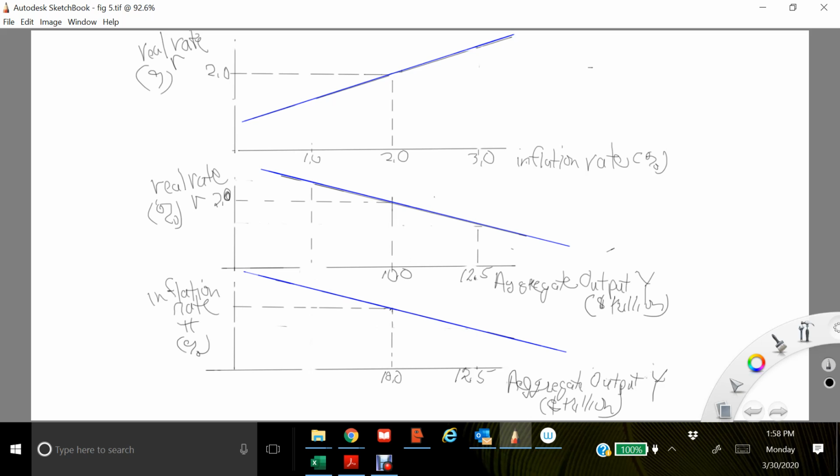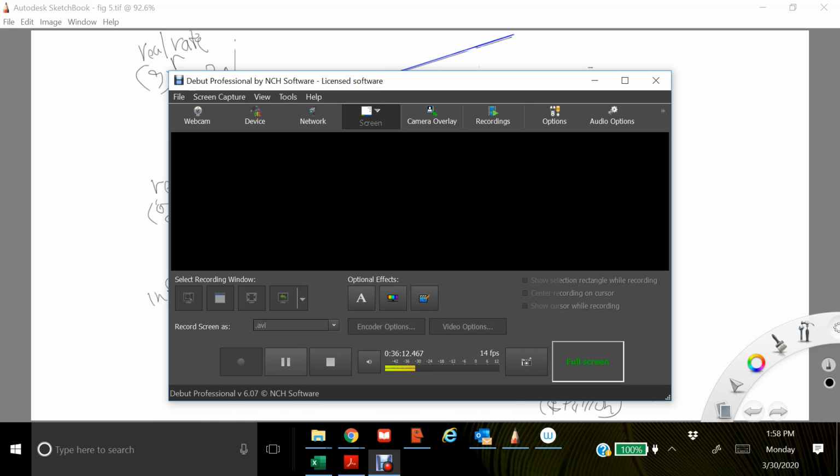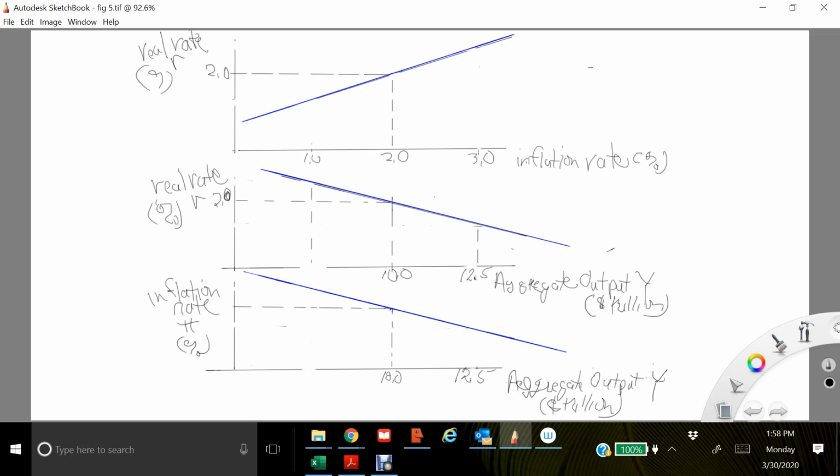government spending increases. Okay? So, if you remember from chapter 20, we showed what happens when government spending increases. Remember, this middle section is the IS curve.